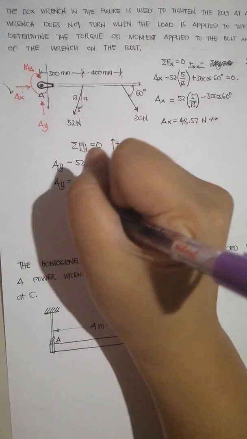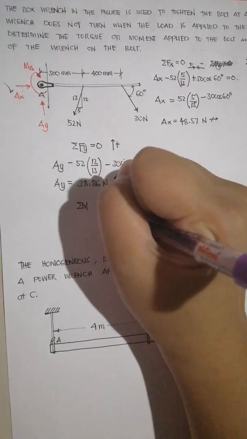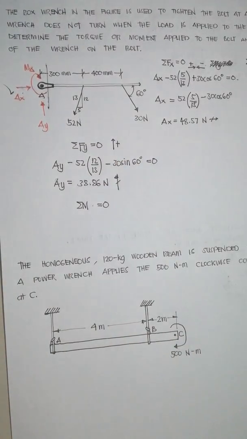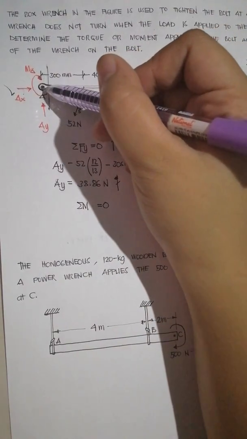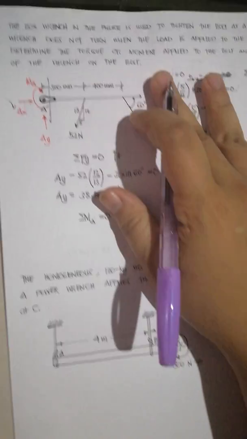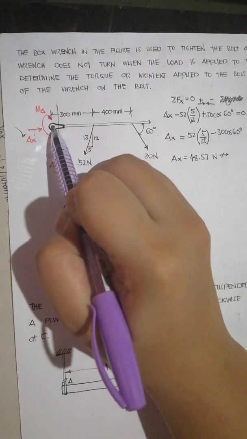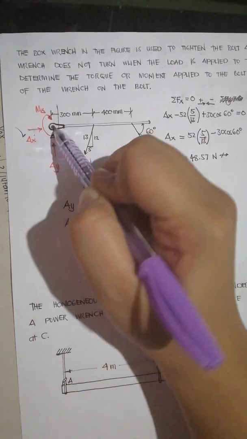Okay. Now let us move on to summation of moment equals 0. But the question is, at which location should we sum up moment? I believe it would be more convenient if we sum up moment at A, because then the moment of Ay and Ax about A is 0.